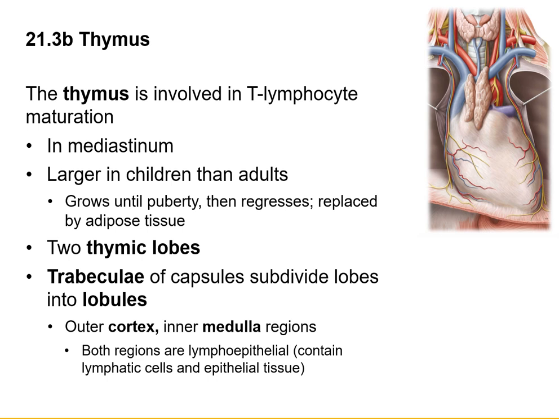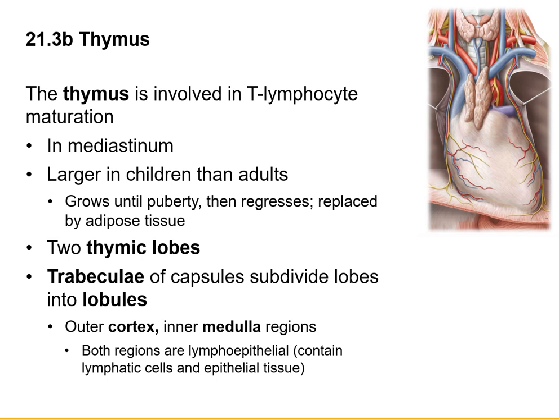The thymus is the largest it's going to be during childhood, and then it progressively gets smaller and regresses and is ultimately replaced with adipose tissue as we age. If you ever do cadaver dissection, with cadavers typically being older individuals, most of that thymic tissue has been lost and replaced with fat, with adipose tissue.